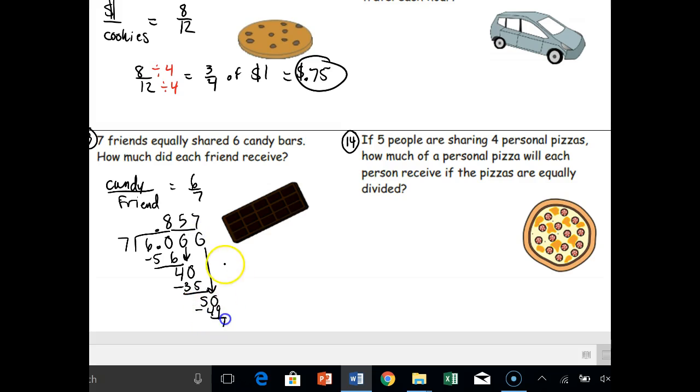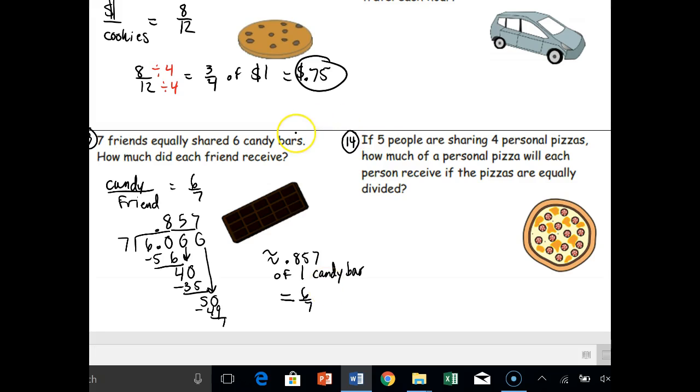It's 49, 1 left over. Could keep going and going, but they've received about 0.857 of 1 candy bar, which exactly they receive 6/7 of a candy bar.